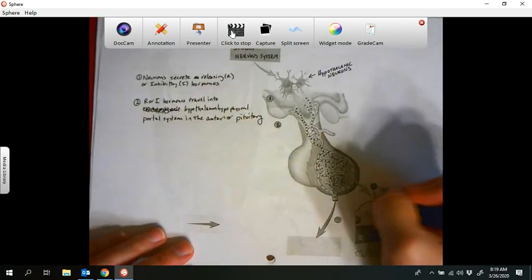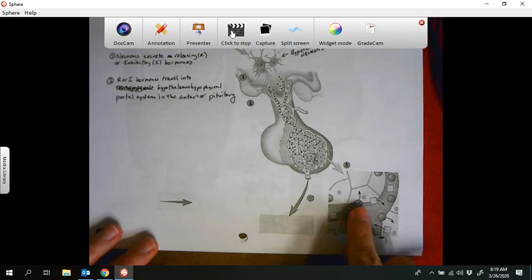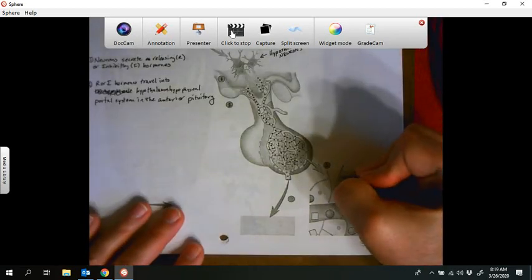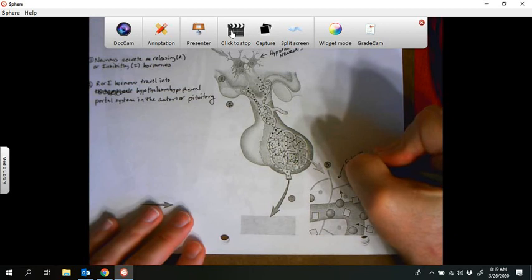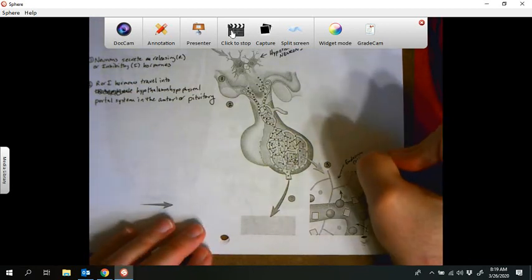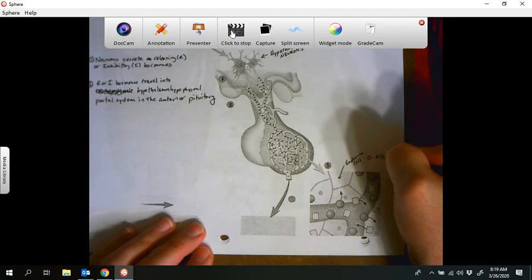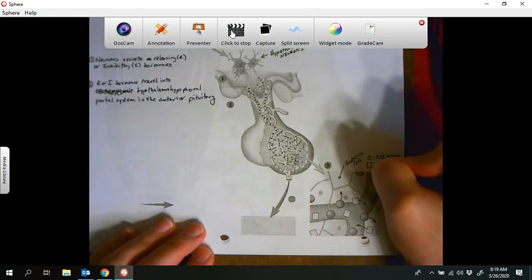So our third step, and I'm going to reference this diagram. This is a blown up view here. And down here we have our endocrine cells. The circle represents a releasing or inhibiting hormone, and the square represents a pituitary hormone.